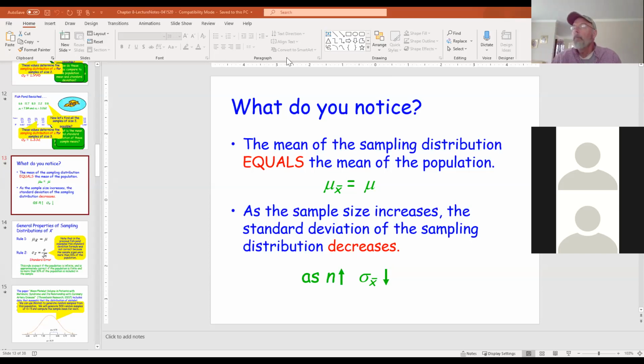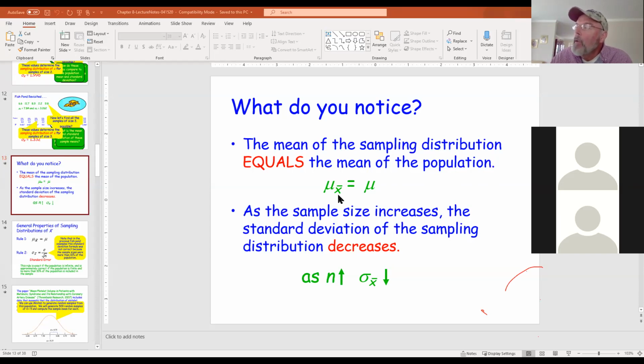Okay, what we learned on Wednesday is that we can have a population, and that population could have a population mean, symbolized by mu. That's pretty straightforward. But we also can have an idea of the average of the means.